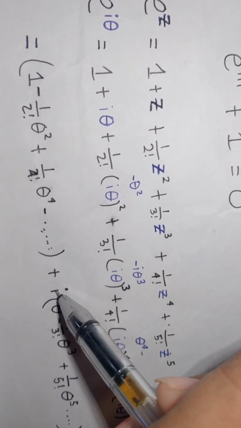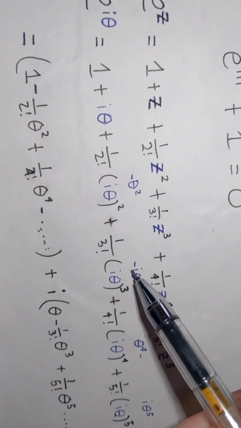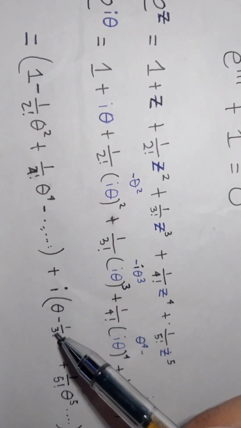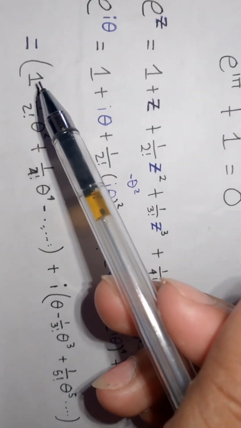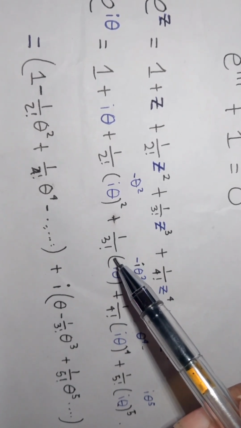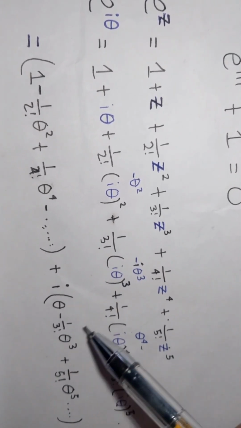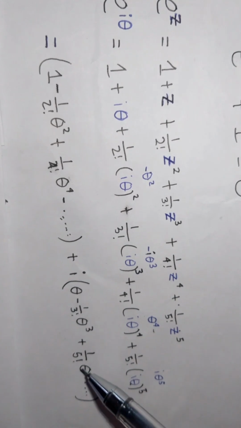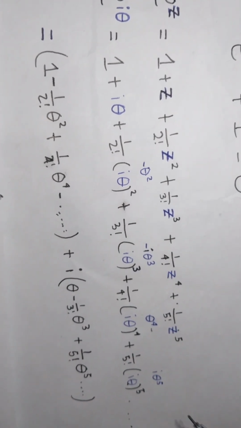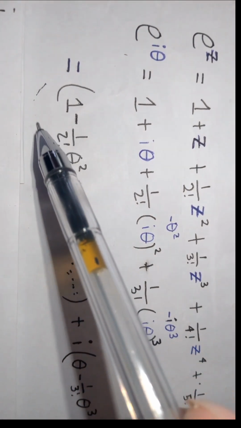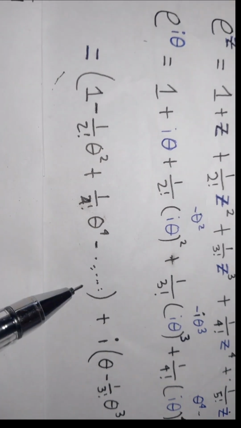And let's add i, because these terms have i, so we write the symbol of i and theta, and again minus, and we copy the 3, so 1 over 3 factorial theta raised to the power of 3 plus, since the 5 gives i, we copy 1 over 5 factorial theta raised to the power of 5.